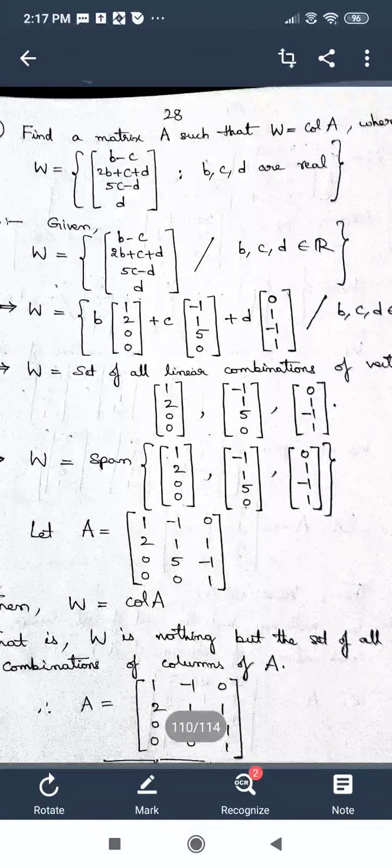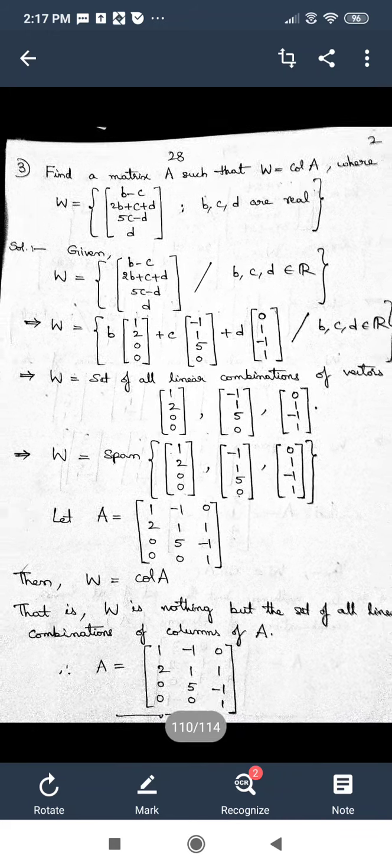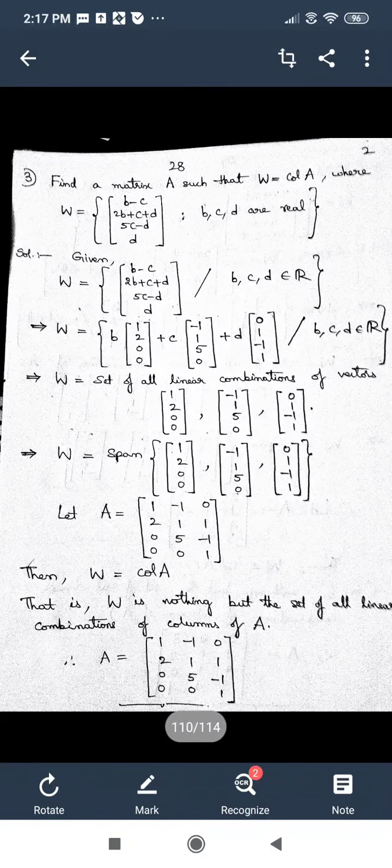Then if we write these column vectors as columns and form a matrix A, then W will now be equal to column space of matrix A. That means W is equal to Col A. That is, W is nothing but the set of all linear combinations of columns of A. If A is such a matrix, the set of all the linear combinations of these columns of matrix A form the set W. So therefore W is equal to Col A for the matrix A, when I read it by columns, 1 2 0 0, minus 1 1 5 0, 0 1 minus 1 1.